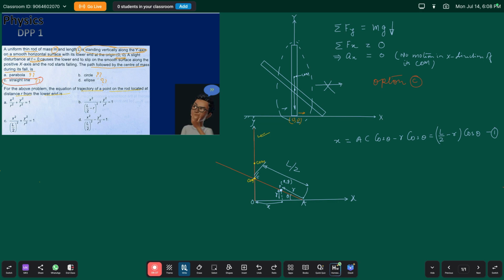For y, y will be r sin theta from the triangle. If we draw this P prime, in triangle A P P prime, we can see that y will be equal to r sin theta.